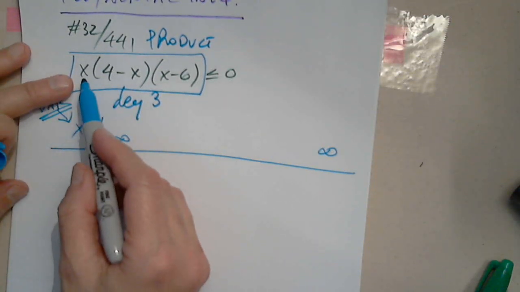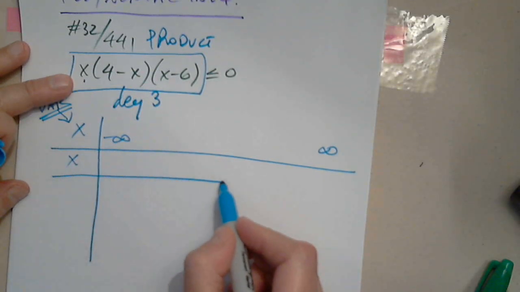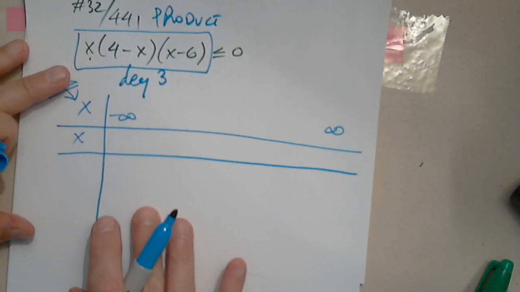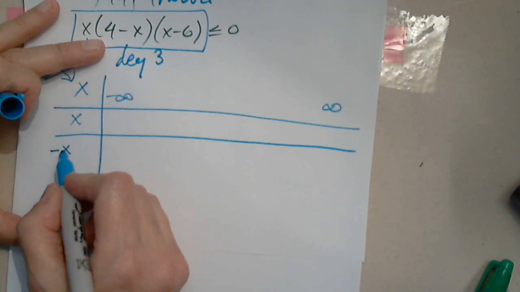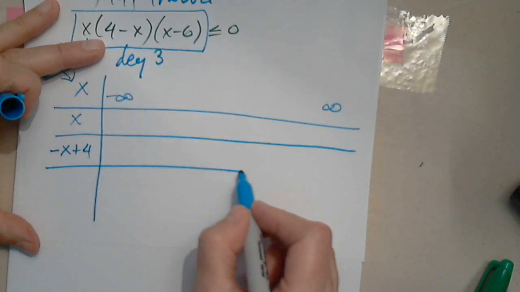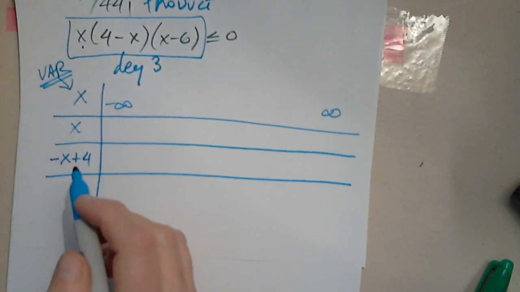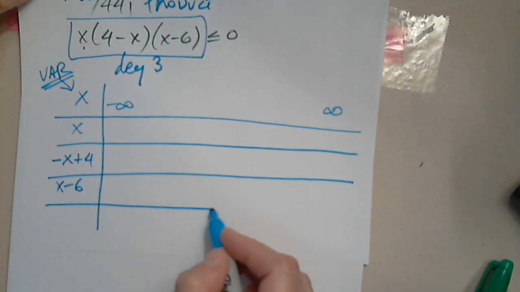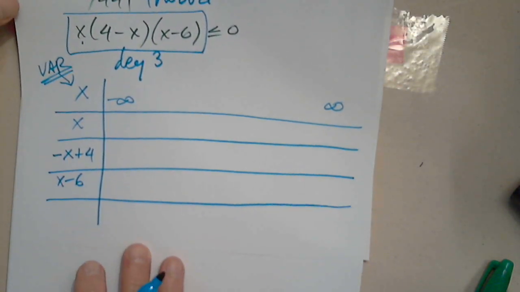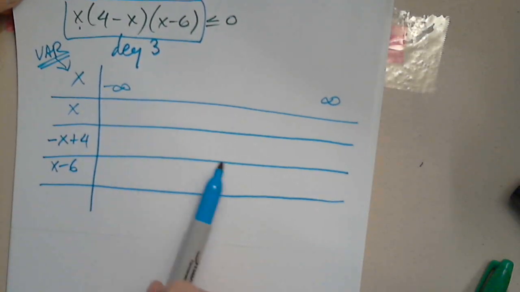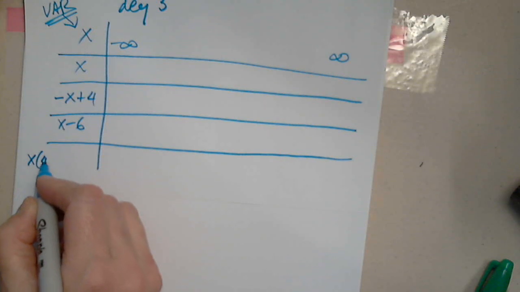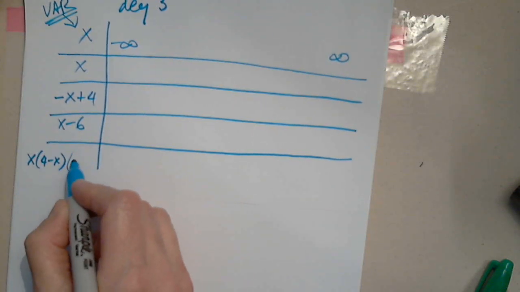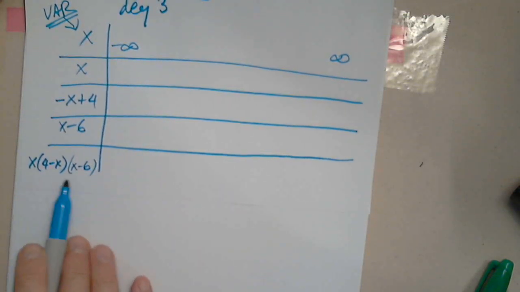Then the next row is the first factor, which happens to be x by chance. The next factor, I don't like the way it is presented. I'm going to present it as negative x plus 4. And the last factor is correctly presented in descending order. So each factor has its own row. And what I'm really interested in is to study this.